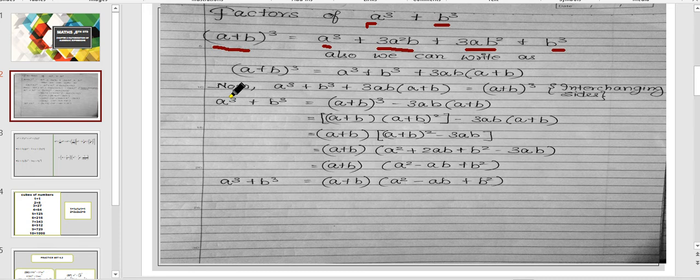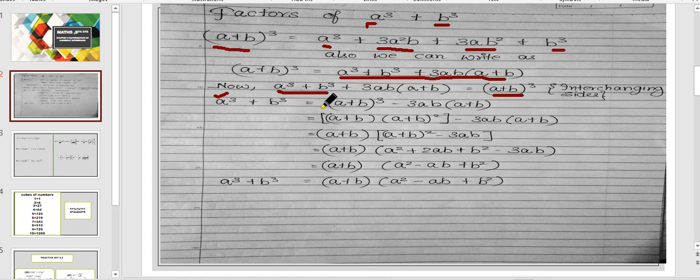After this step, a cube plus b cube plus 3ab, a plus b, this whole part of the expression, they have taken on the left hand side, and on the right hand side they have taken a plus b the whole cube, right?